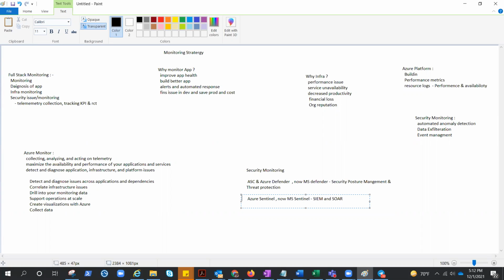So these security solutions store data in the Log Analytics workspace, which is a centralized storage and management location where your app, infrastructure, and security logs are collected and aggregated for analysis, troubleshooting, and auditing.